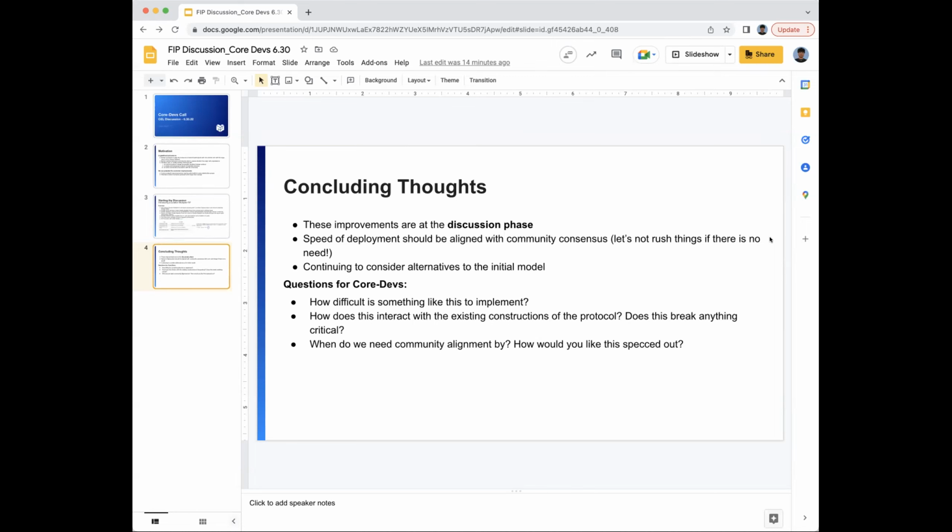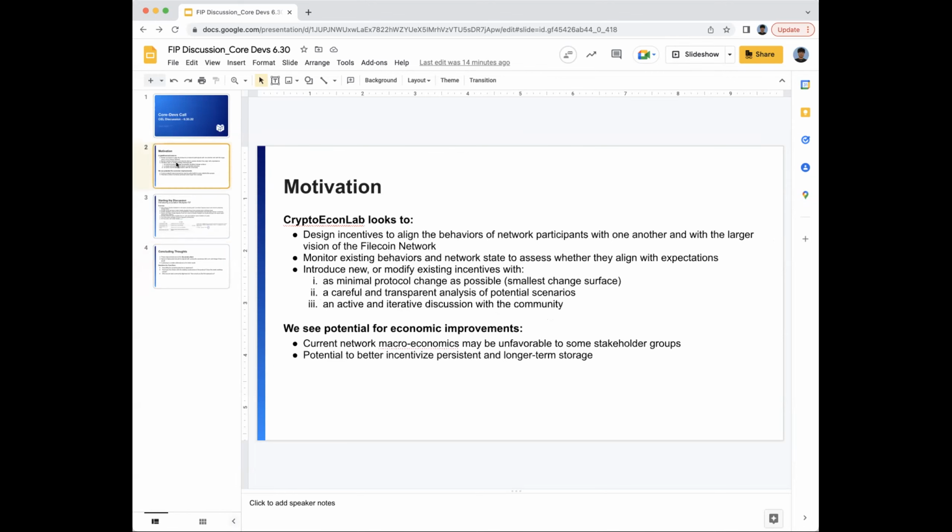A second point I might raise, I'm very pleased to see in your first slide, this your goal of careful and transparent analysis of the potential scenarios. Obviously, we haven't seen that yet. I think that's probably the reason for a large amount of community concern, is that there's a perception that you've thought about it a lot, but you haven't shared any of that thinking with us. And so I heard Caitlin refer to the fact that there's going to be hopefully some stuff coming out next week.